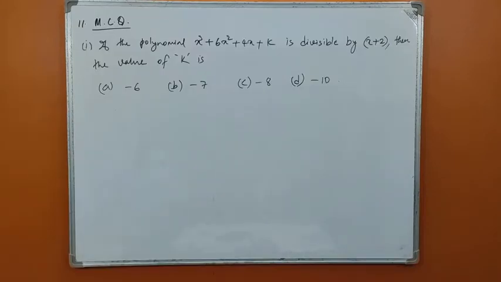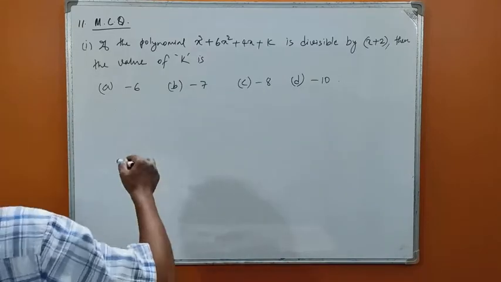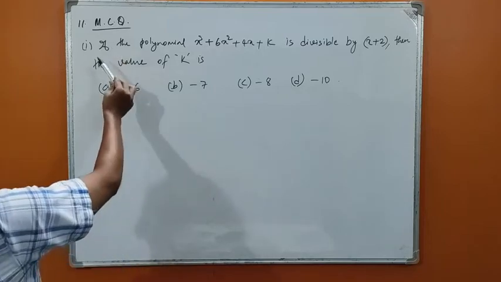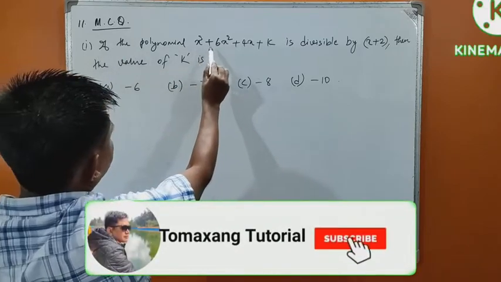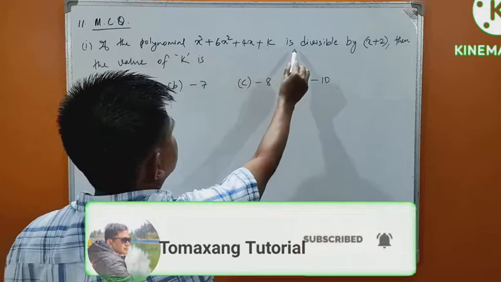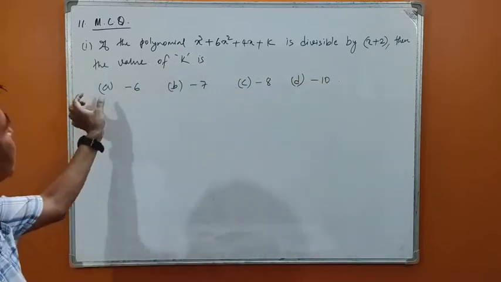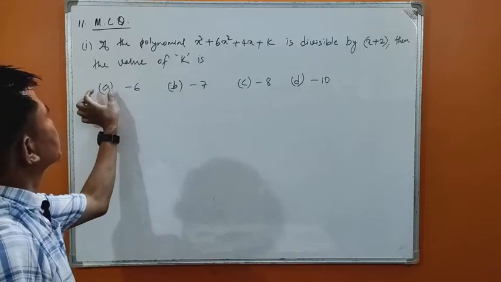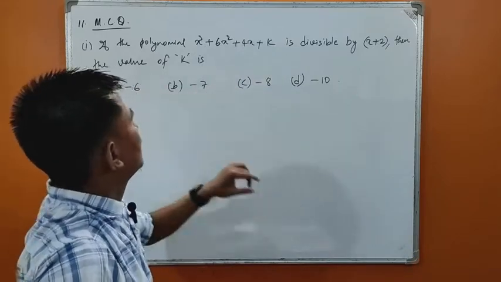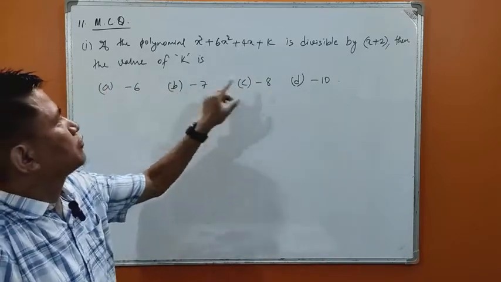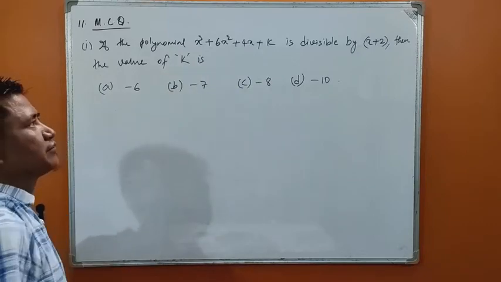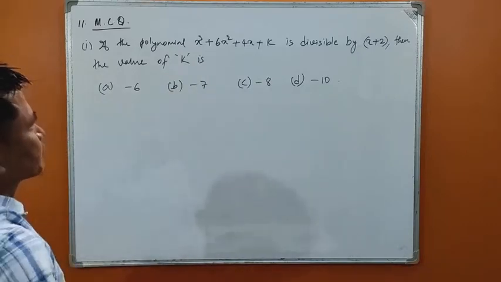Okay, let's start MCQ questions. Question number 1 of 11. The polynomial x cube plus 6x square plus 4x plus k is divisible by x plus 2. Then the value of k is, we are provided with the 4 options A, B, C and D. Among these, which option will be the value of k? Okay, let's solve this.